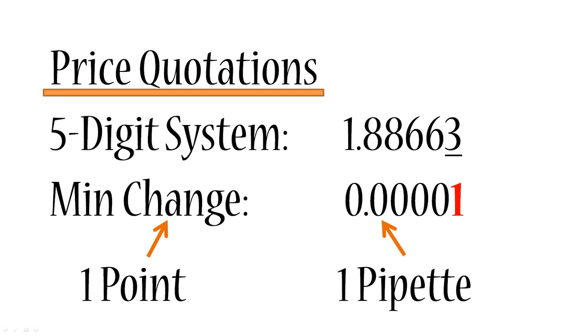Once again, let's keep these things separate. 1 point is the minimum change, and 1 pipette is always equal to 0.00001. In this case, it just so happens that the minimum change is equal to 0.00001, and that means 1 point is equal to 1 pipette, and that's always the case for 5-digit price quotations.